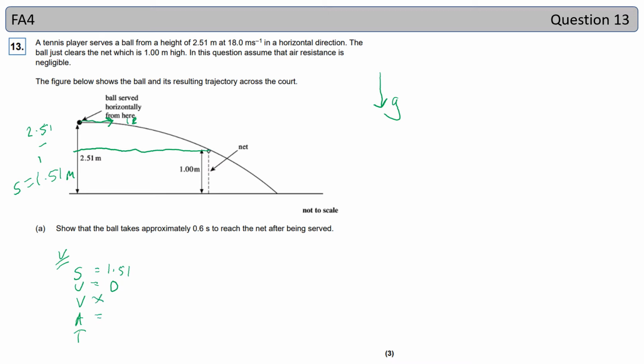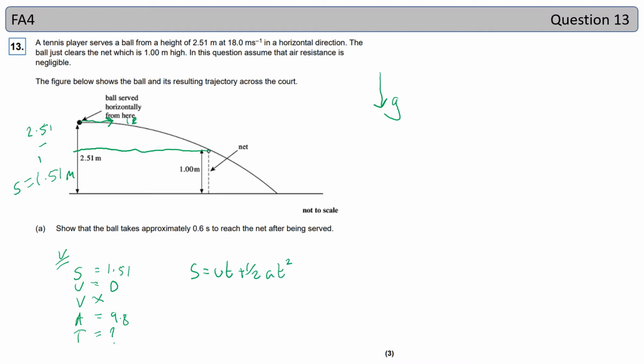We know that our acceleration is 9.8 and t is what we are looking for. So we want to find the SUVAT equation that includes s, u, a and t. Well, the easiest one to use is s is equal to ut plus a half at squared.